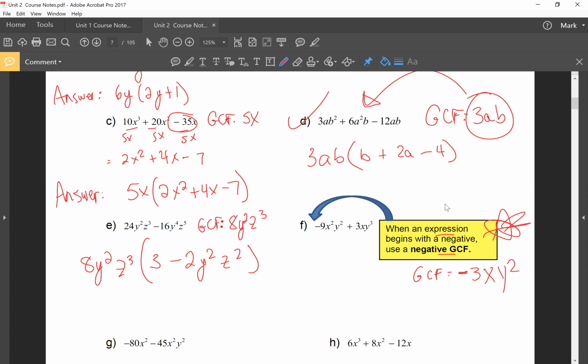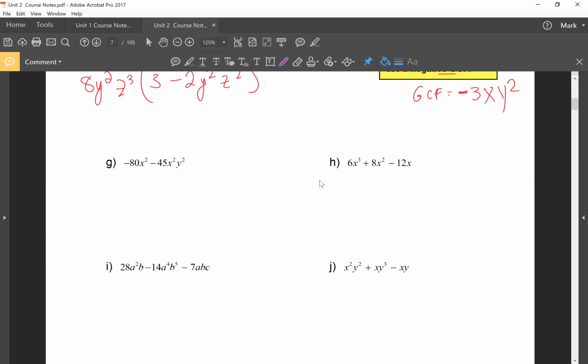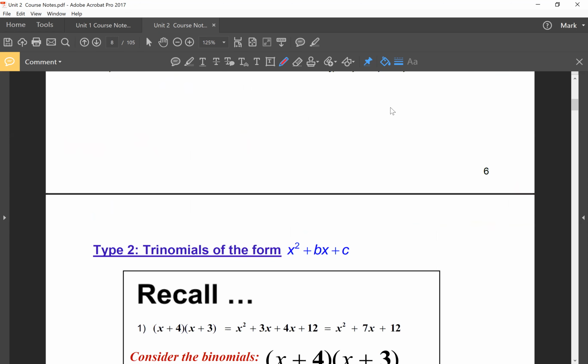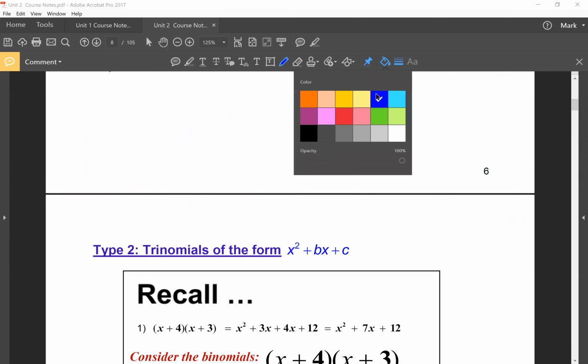We did this a long time ago, so you might want to review earlier classes, but just to remind you, let me pick a different color. I'll write it here at the bottom.